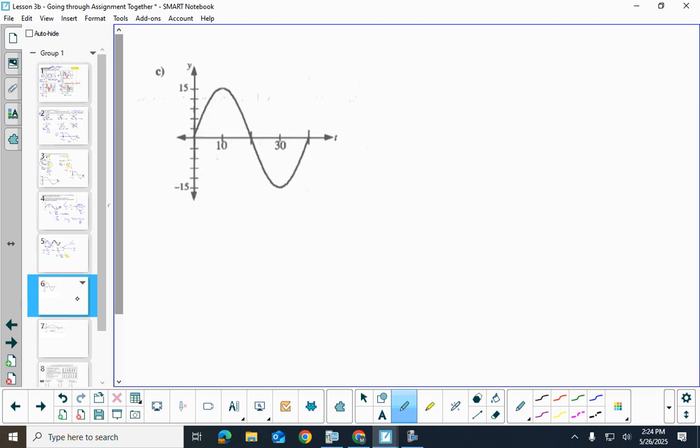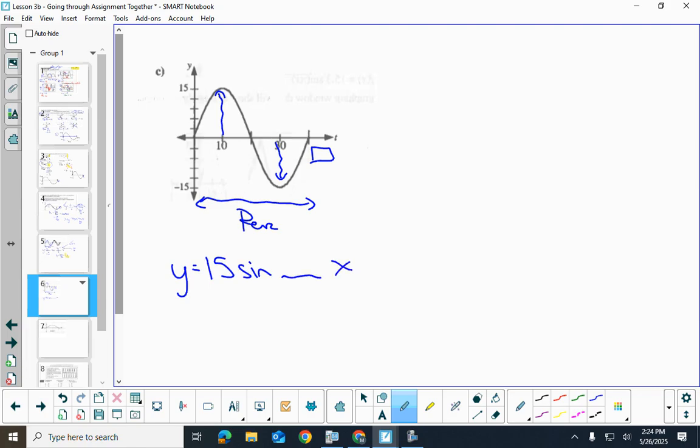This one's a little harder because they didn't give you the ending point, but they gave you the scale so that you can figure it out. We can see that it goes up to 15 and down to 15. So you know it's going to be 15 sine.